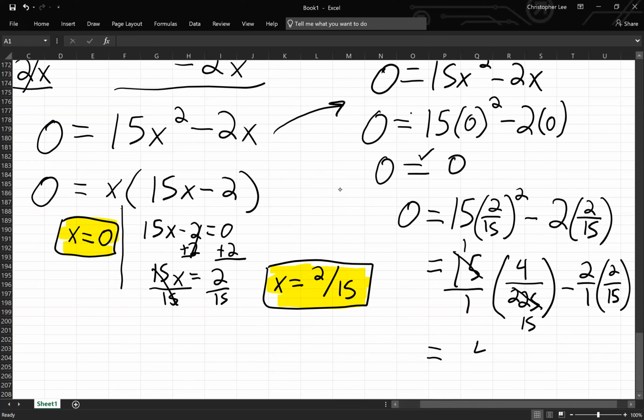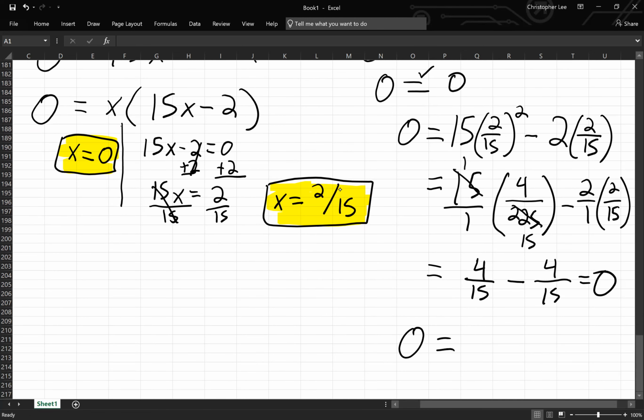So this becomes 4 over 15 minus 2 times 2 is 4 over 15. 4 minus 4 is 0, right? So 0 equals 0 as well. That's the reason why it's two answers, because both answers will give you 0.